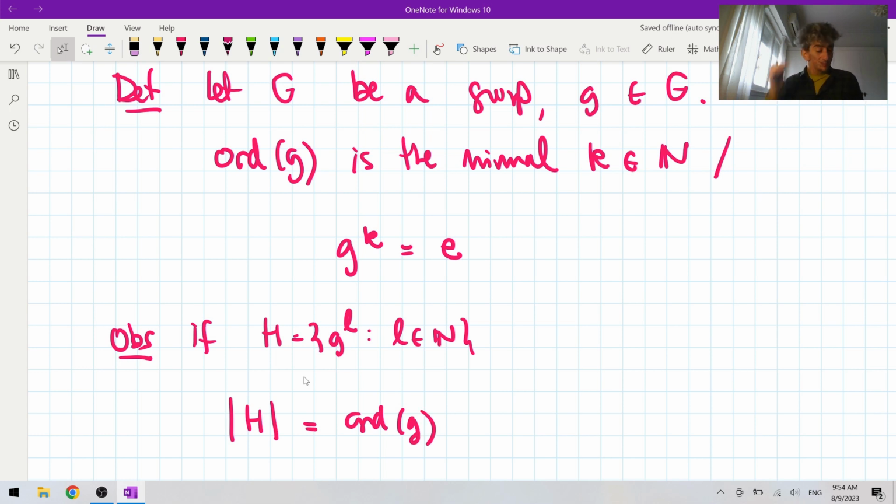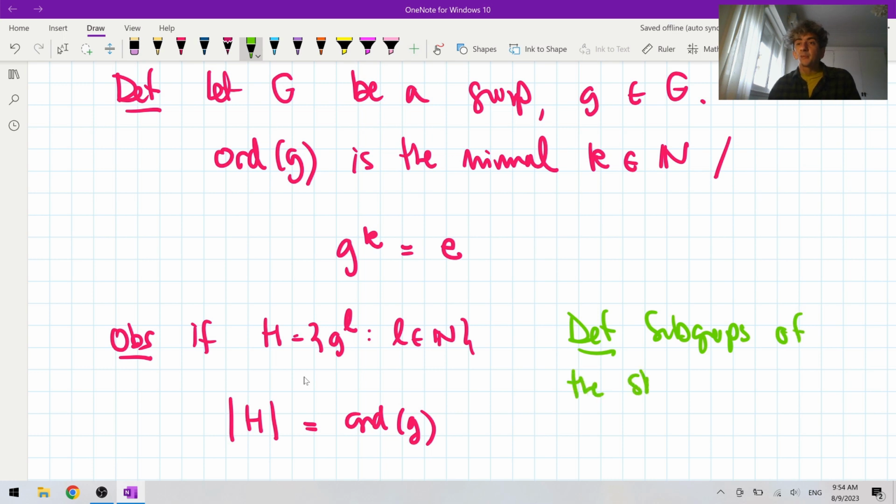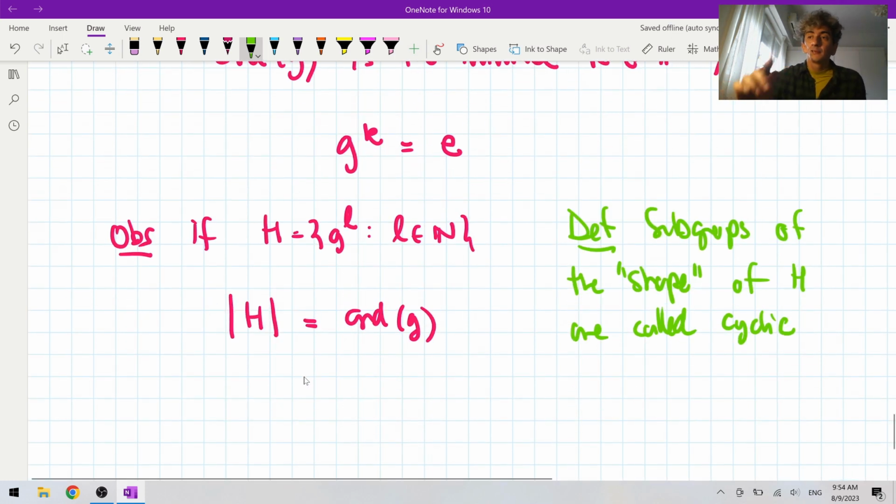Okay, and definition, subgroups of the shape of H are called cyclic groups.